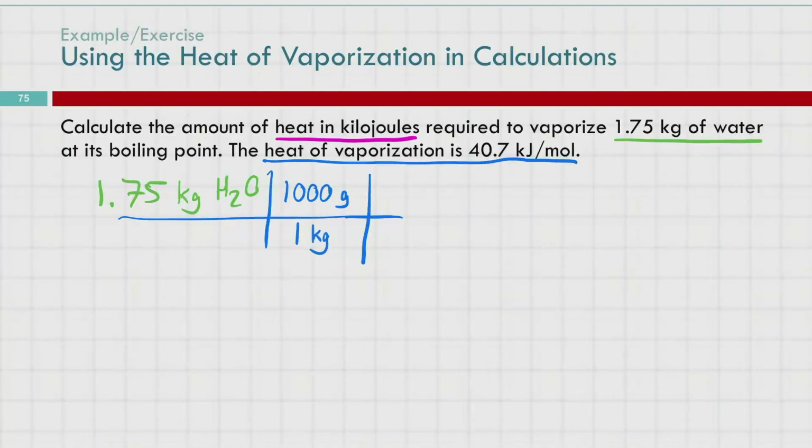So now we've got it into grams, and the steps are very similar to the other example that we did. We need to convert to moles, and so we're going to divide by our molar mass. Molar mass has units of grams per mole, so we can use it to convert between grams and moles. Some units cancel out, and we've got some amount of moles.